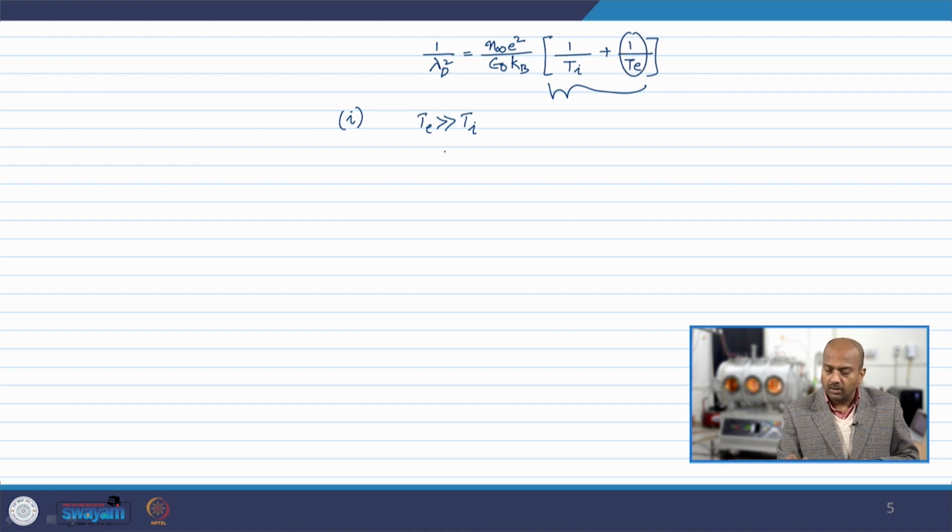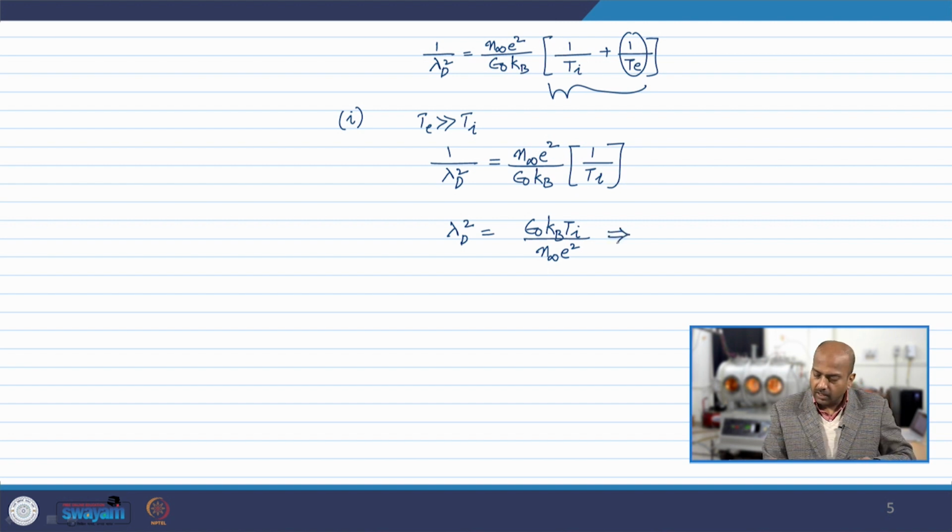So, we can neglect it altogether and we can write 1 by lambda d square is equal to n infinity e square divided by epsilon naught kb into 1 by Ti, or lambda d square is epsilon naught kb Ti by n infinity e square.